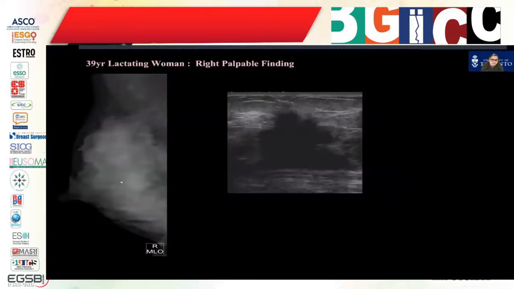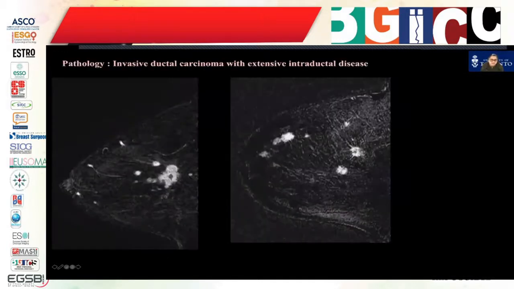Here is an example of a lactating young woman, with very dense breasts, because obviously she's lactating, who presents with a palpable finding. You can see a vague, partially obscured mass with some spiculations, definitely a BI-RADS 5 lesion on ultrasound. And here is her MRI. There's tumor everywhere. There are multiple small lesions. There are masses involving the entire breast.